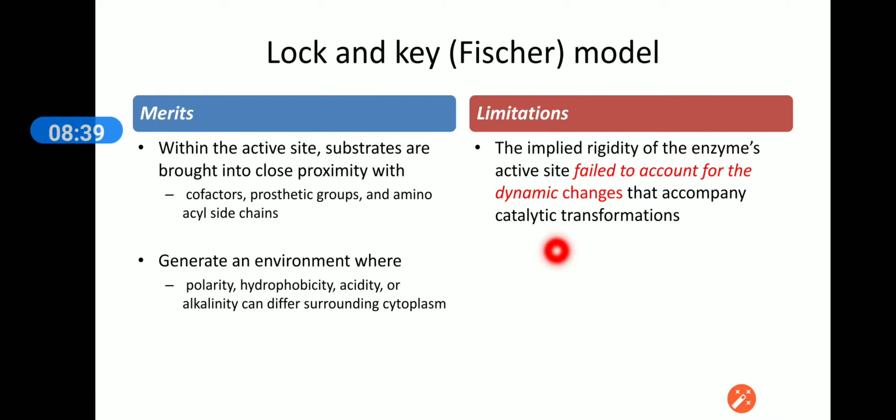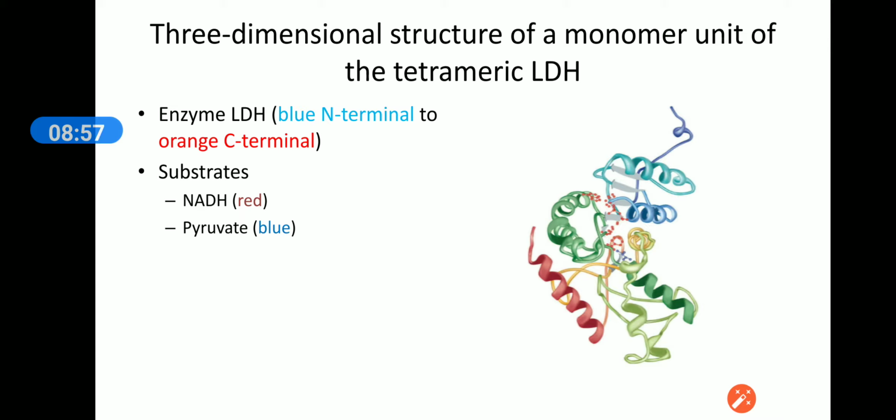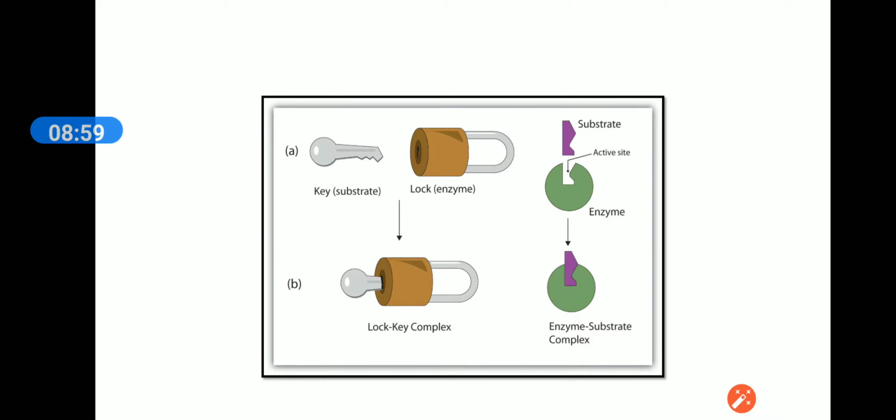But there are limitations of this model. This model failed to account for the dynamic changes that accompany the catalytic transformations occurring within the active site, due to the rigidity or complementary structure of the lock and key model.